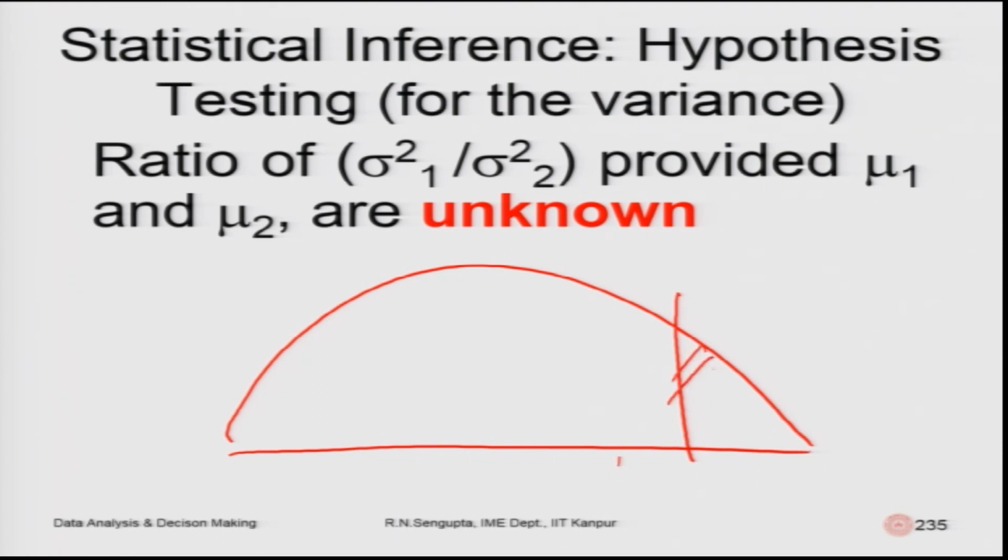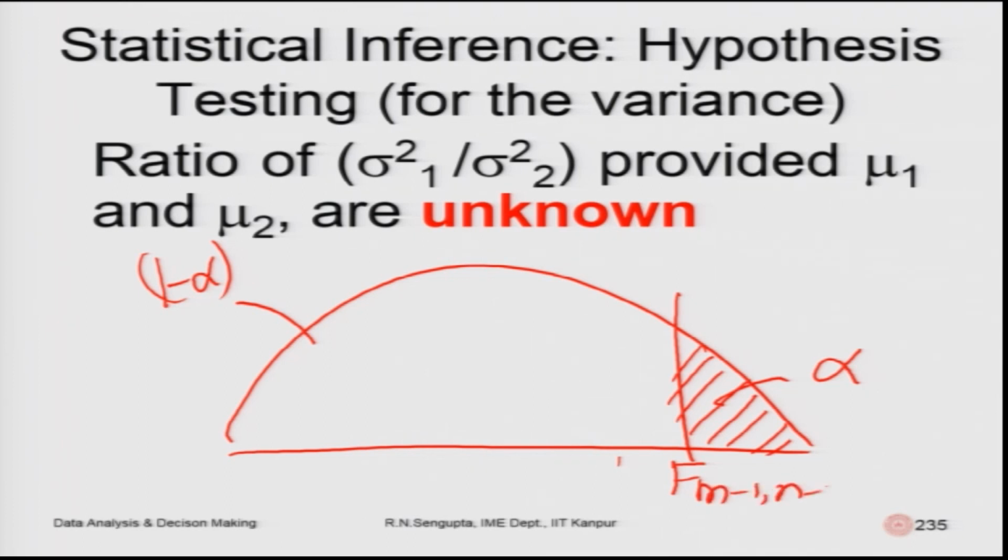So, this is the area on the right which is alpha, this is the area onto the left 1 minus alpha, this will be f m minus 1, n minus 1, and the area covered onto the right as per the nomenclature is alpha.